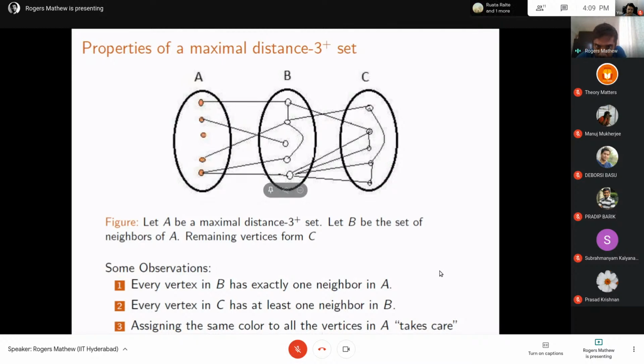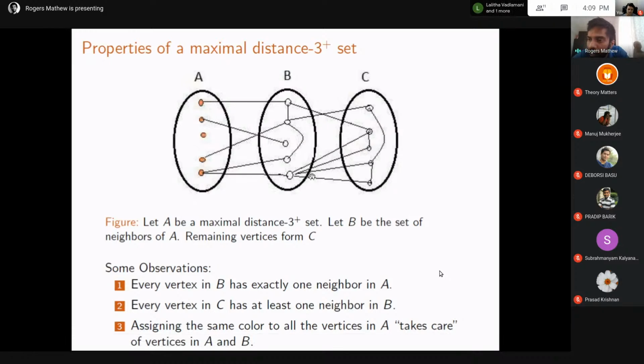at this juncture, I would like to say that in our proof, we are not going to color all vertices. We may leave some vertices uncolored, but we will ensure that every vertex has some color appearing exactly once in its close neighborhood. That's okay, because it is just a +1.